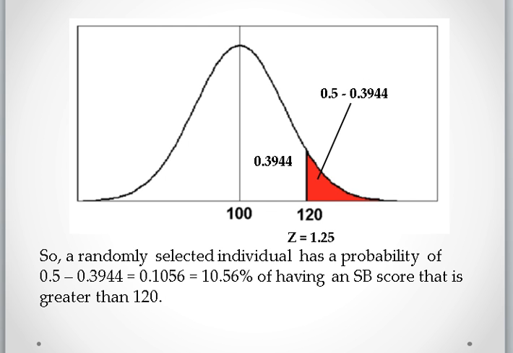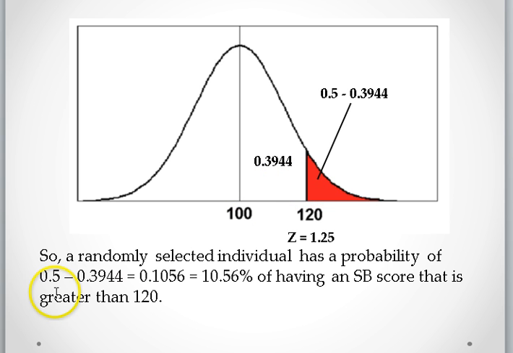Now, using this table, we know that 0.3944, or 39.44% of the scores fall between 100 and 120. But we're looking for the red region, those that are greater than 120. Here you need to use the fact that 50% of the scores are greater than the mean. So 50% of the scores are greater than 100, but 39.44% fall between 100 and 120.